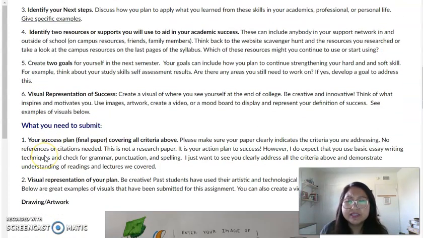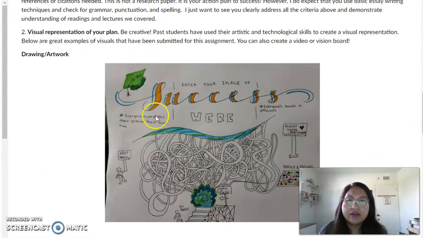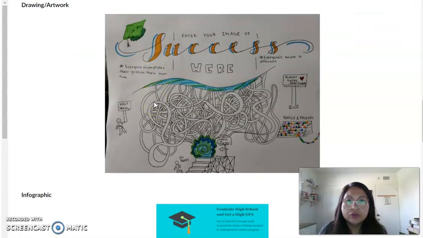And then finally, number 6 is to create that visual representation of success. So the visuals, like I said, could be images, artwork, a video, a mood board, and some examples of what students have created are included on this page. So some have created a drawing of their definition of success, where they see themselves in the future.